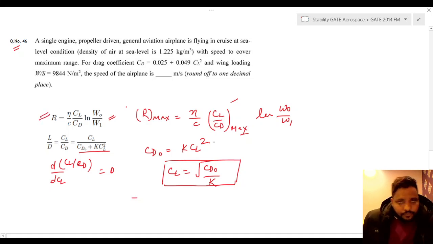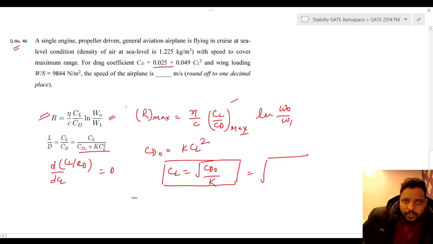Now what is CD0 here? CD0 is 0.025 and K is 0.049, which gives me the value of CL as 0.714.